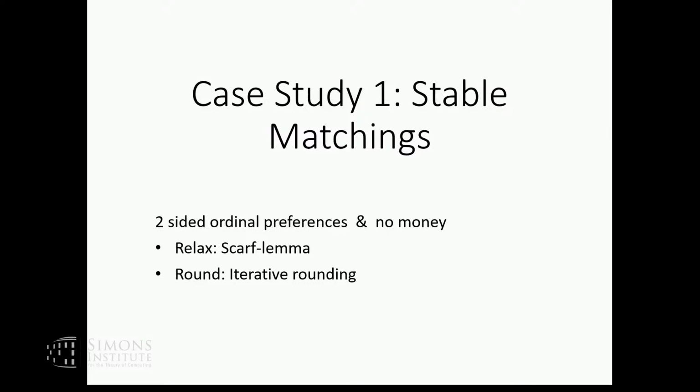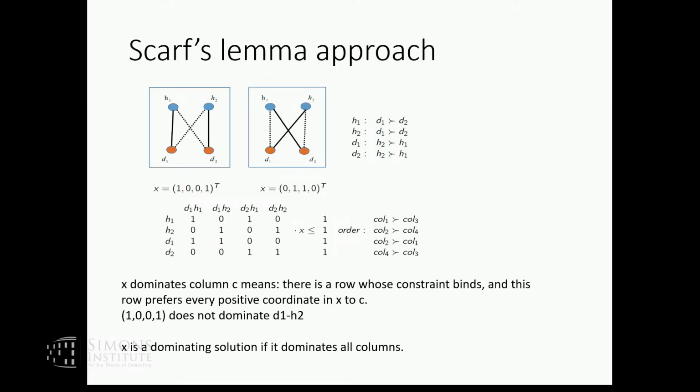The first one is stable matching. Everybody here knows what stable matching is, but I'm going to give you an example instead of definitions. Here I have 2 hospitals and 2 doctors, and the preferences are given over here. I have 2 possible matchings. Matching number 1, which I denote 1, 0, 0, 1, and this one is 0, 1, 1, 0.